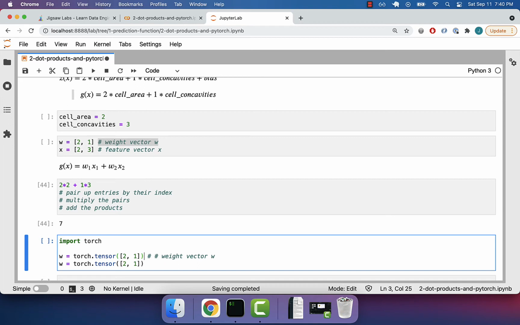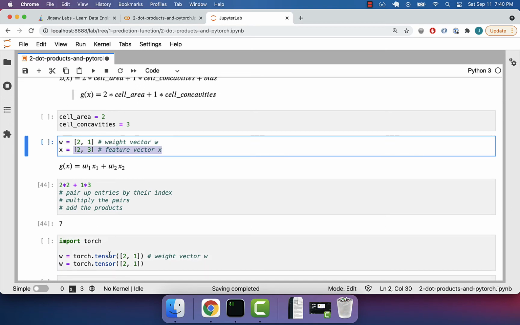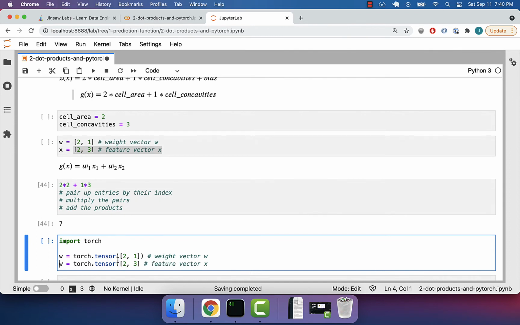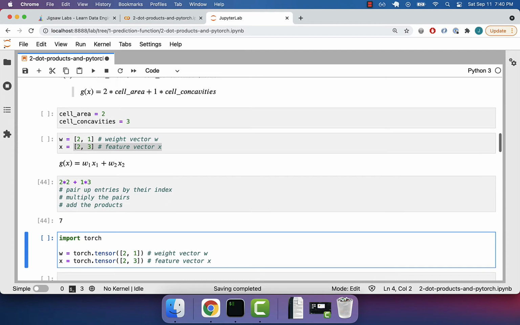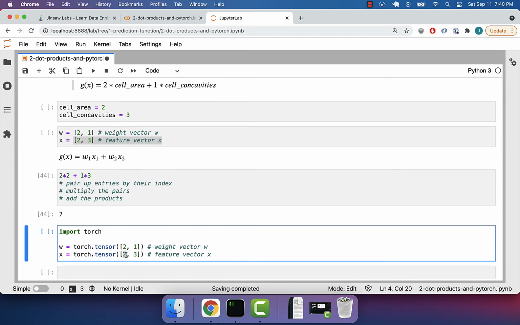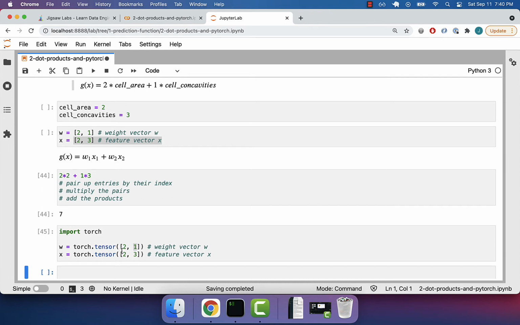Our weight vector W, and then we want our feature vector X. This is our feature vector X. So this is representing cell area, cell concavities, and this is how much we want to weight that first feature and how much we want to weight that second feature. And now take a look at what happens.